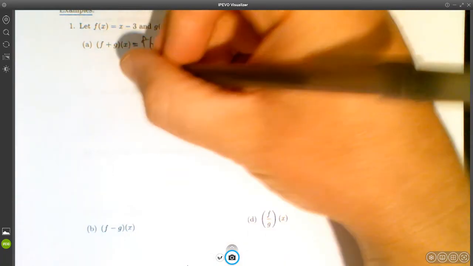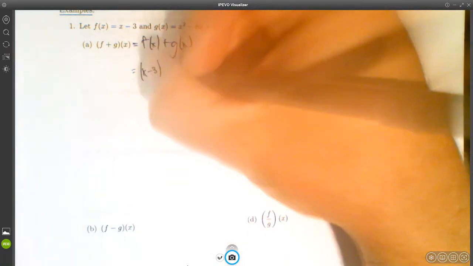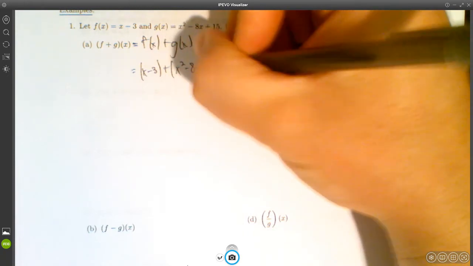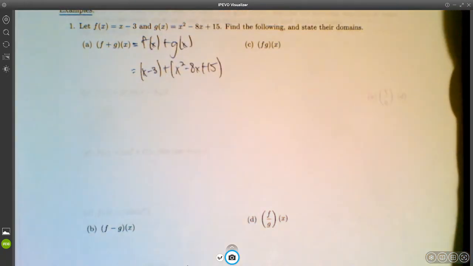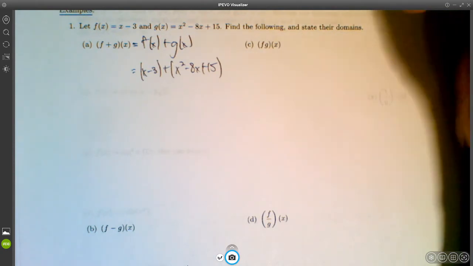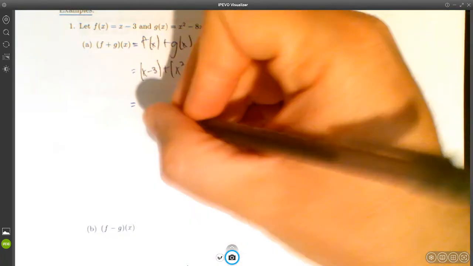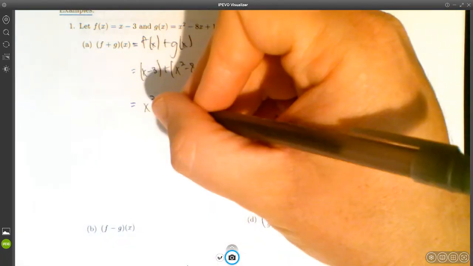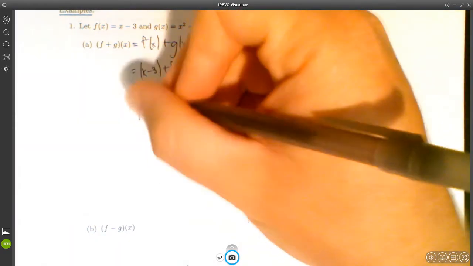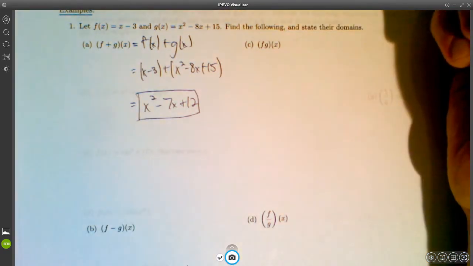So this is x minus 3, that's f of x, plus x squared minus 8x plus 15, that's g of x. Generally, I think this is a little bit easier to grasp than composition of functions in the previous section. Anyway, we just combine like terms. We're going to get x squared minus 7x plus 12. Okay, so there's f plus g.